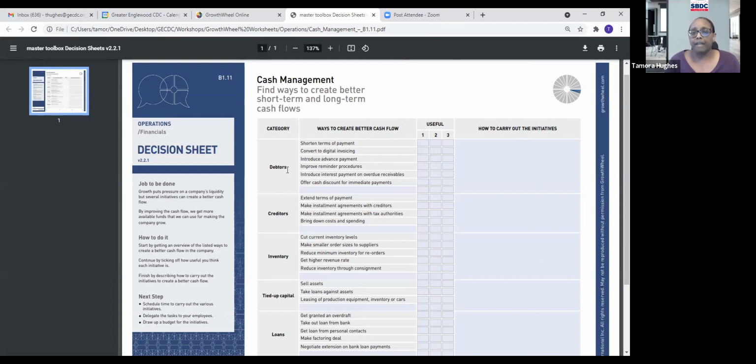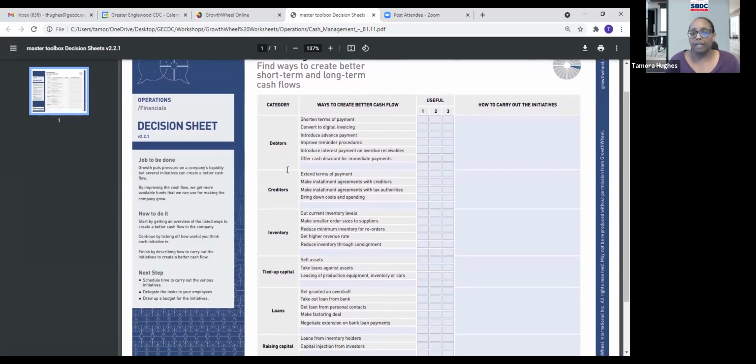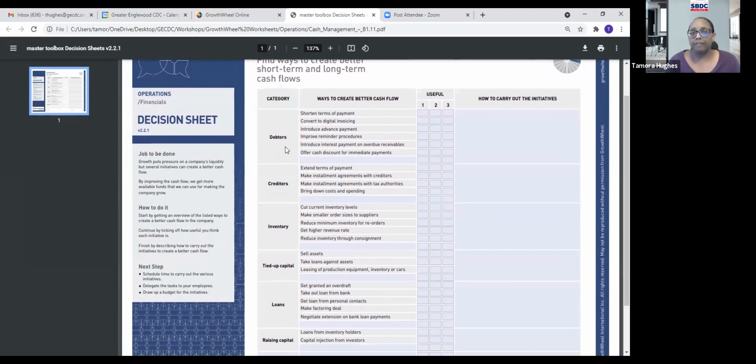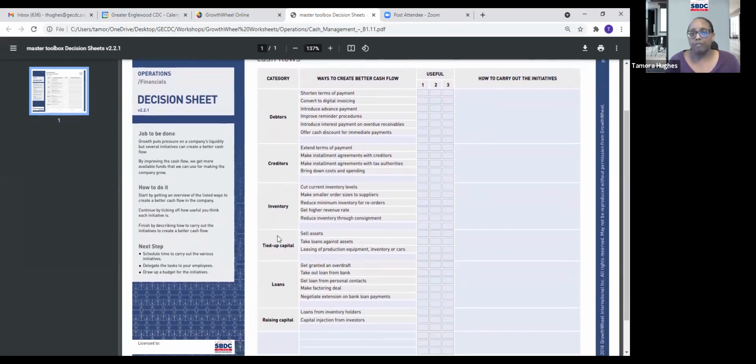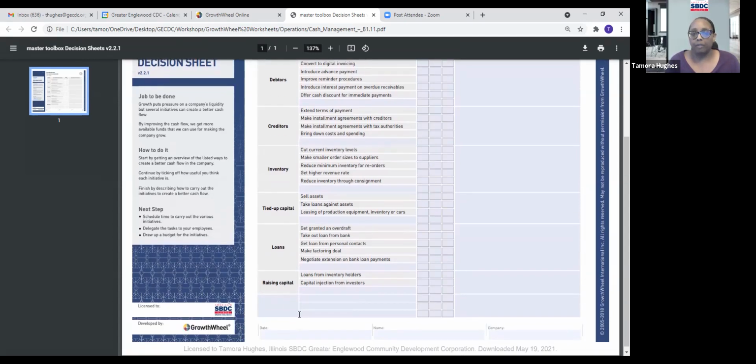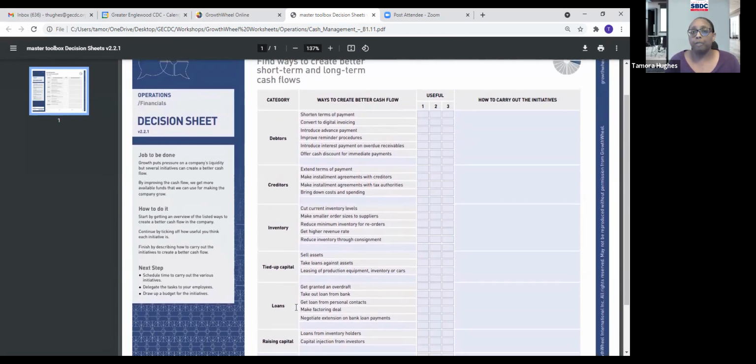So you'll see in the categories, there are various categories here: the debtors, the creditors, the inventory, tied up capital, meaning there's capital there that's actually involved with something else, like a lease, a car, loans, and raising capital. And then there's a blank area right at the bottom if there's no category there for you, and you can add that one.